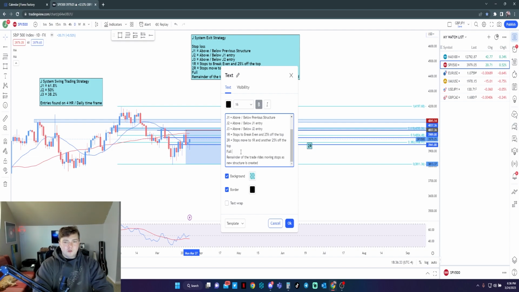So full TP hit equals another 25% off the top, then stops will move to 2R, and the remainder of the trade will ride, and I'll move stops as new structure is created.